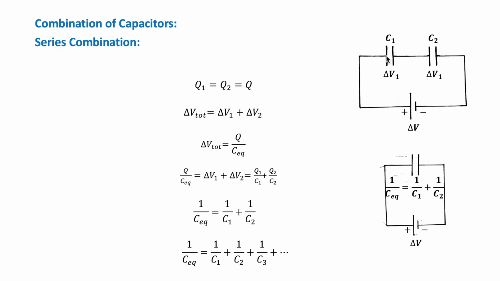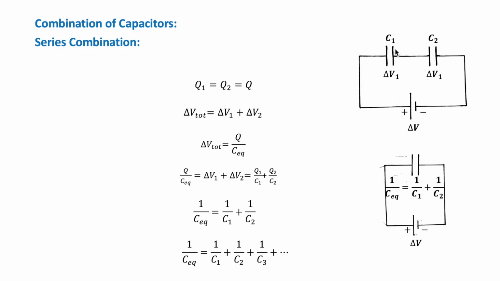electrons transfer from the left plate of C1 to the right plate of C2, and so the negative charge accumulates on the right plate of C2, and as a result, electrons are forced out from the left plate of C2, which leaves it with a positive charge, and these electrons leaving the left plate of C2 transfer and accumulate on the right plate of C1, okay?